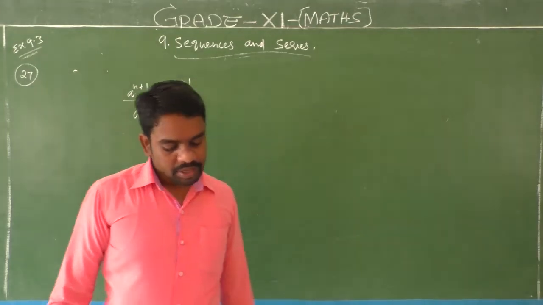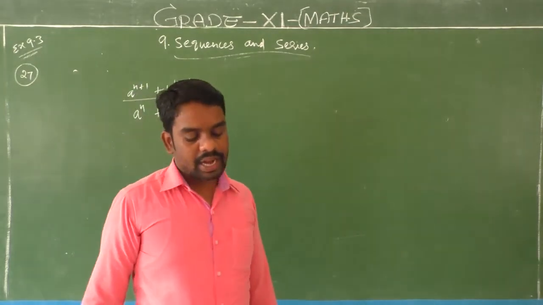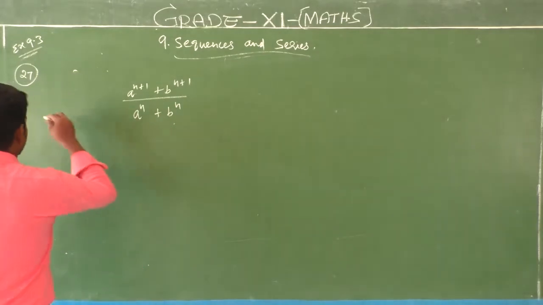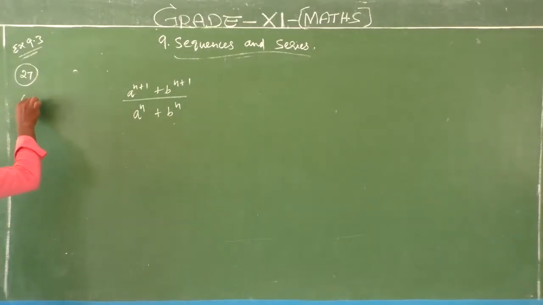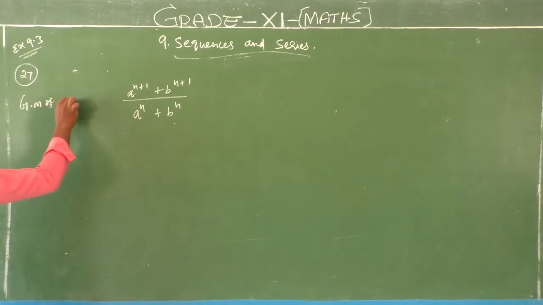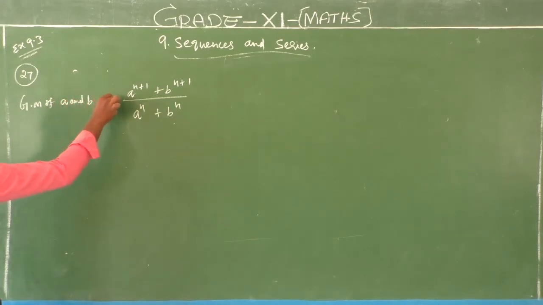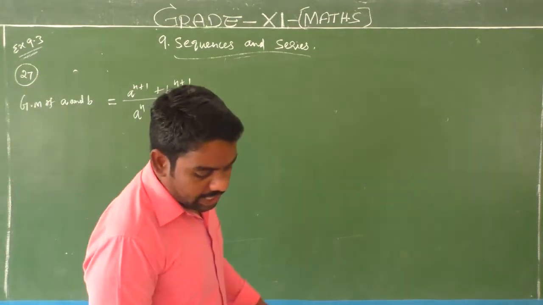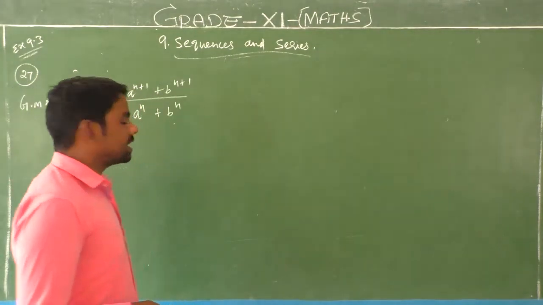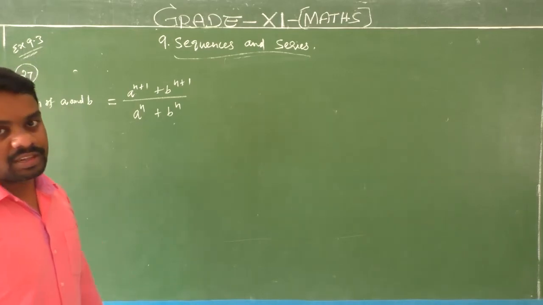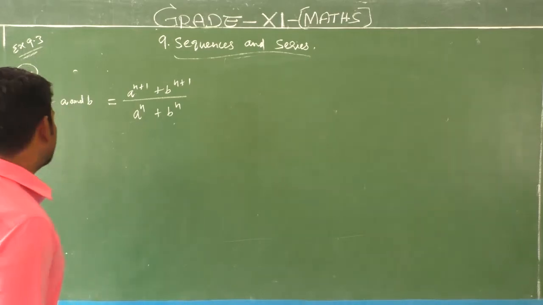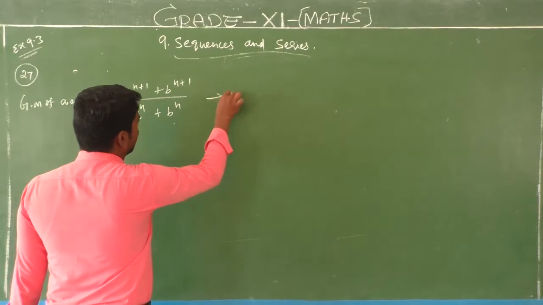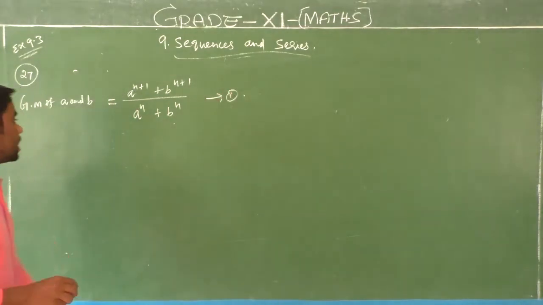It is given that the geometric mean of a and b is a power n plus 1 plus b power n plus 1 divided by a power n plus b power n. This is the given information. Find the value of n. Right, this is equation number 1 and the given information.